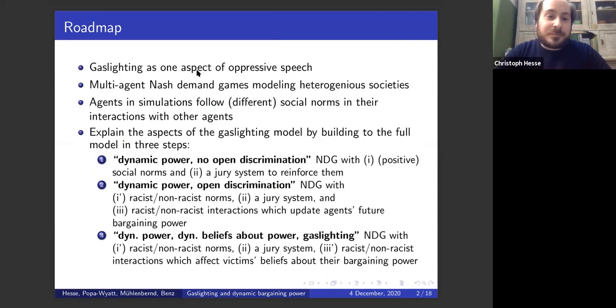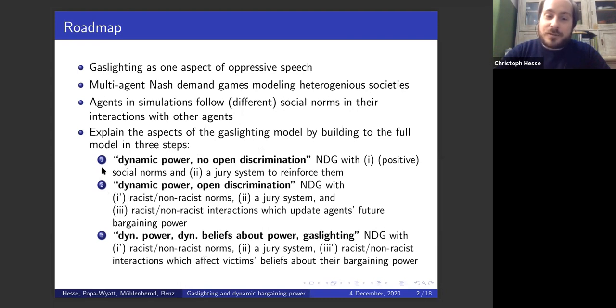We're going to look at how Nash demand games can be used to model heterogeneous societies, and specifically agents and simulations following social norms in their interactions with other agents. And the way I'm going to go about this in this talk is, instead of presenting you the full gaslighting model right away, we're going to take it in steps.